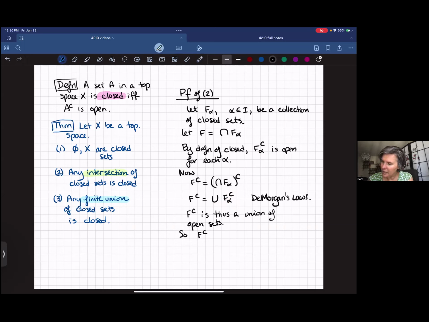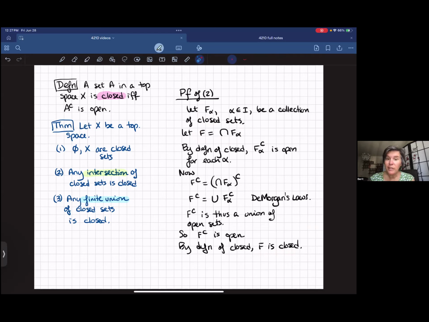So F complement is open. By definition of closed, F is closed. So I started with a collection of closed sets, F alpha. I formed their intersection, and then I showed that their intersection is closed. And so therefore, I've proven number two. Any intersection of closed sets is closed.